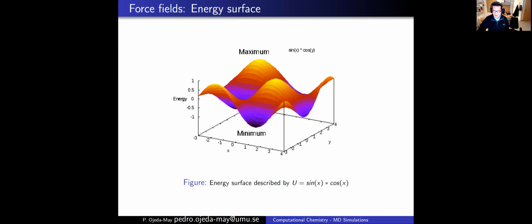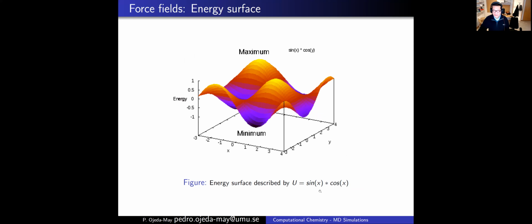So now let me go to a very simple energy function. The one that I showed you before had several terms, the Lennard-Jones, the bonds, angles, but imagine that you have a very simple equation for the energy. In this case, it's just a sine times a cosine.